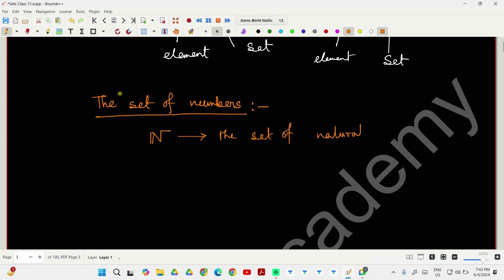You know what the natural numbers are? And after that Z is the set of integers. What are the integers? Which numbers are integers? What are the natural numbers?